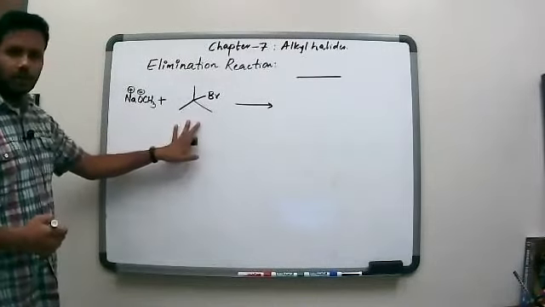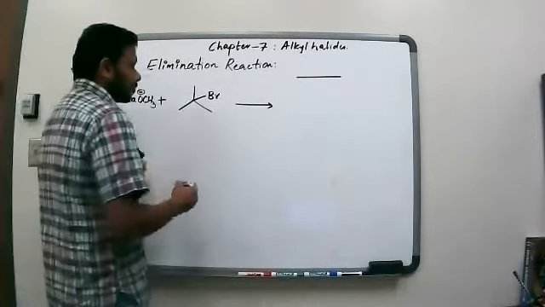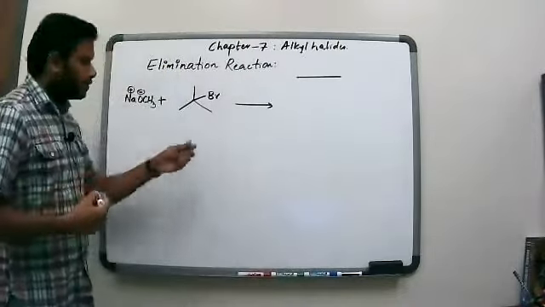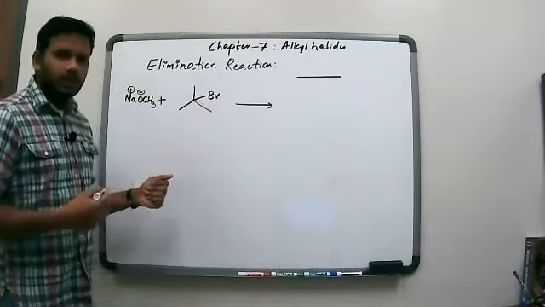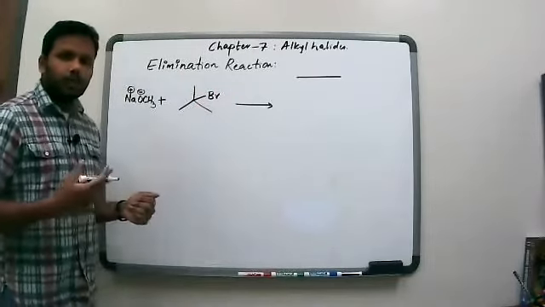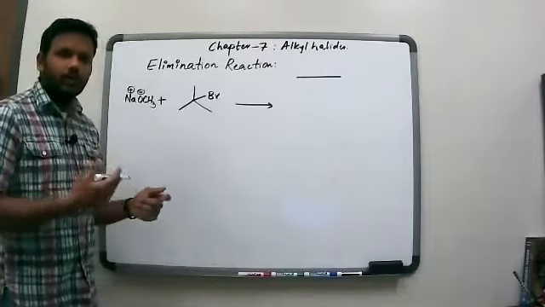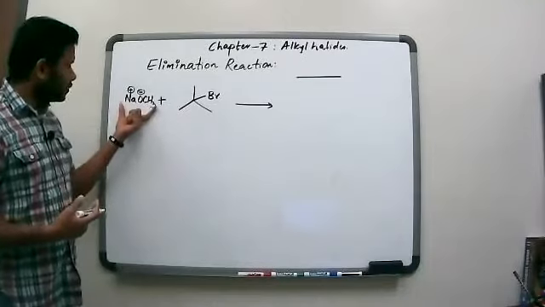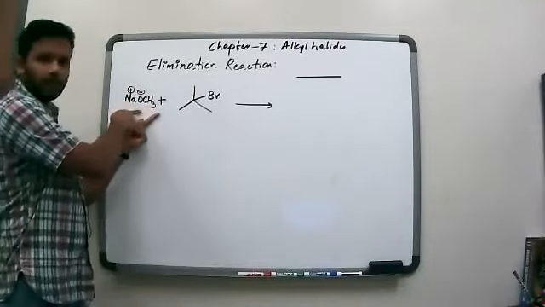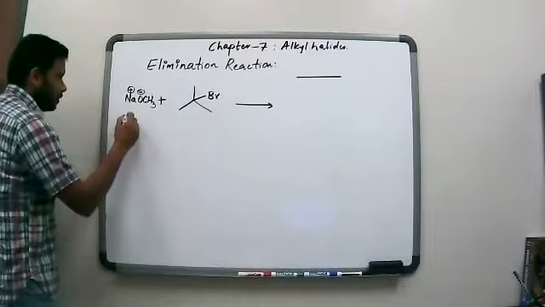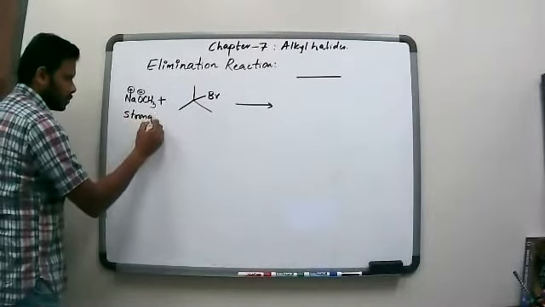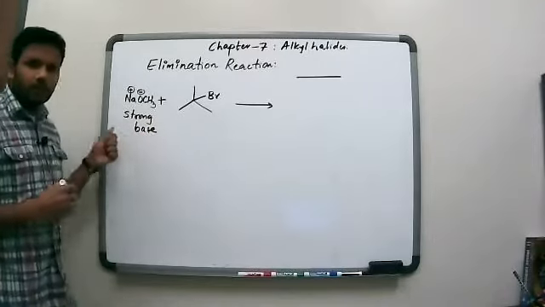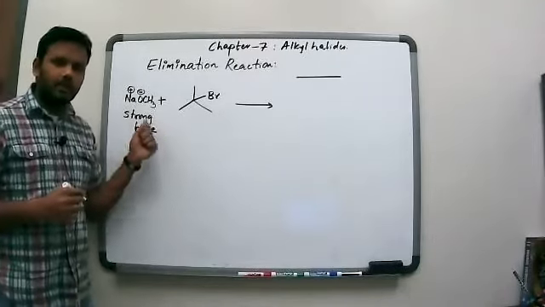When you react these two, the solvent in these reactions is usually a polar protic solvent, now that we know these terms. The solvent is usually the conjugate acid of the base that we are using. We are using this as a strong base, which is the role it plays in this elimination reaction.